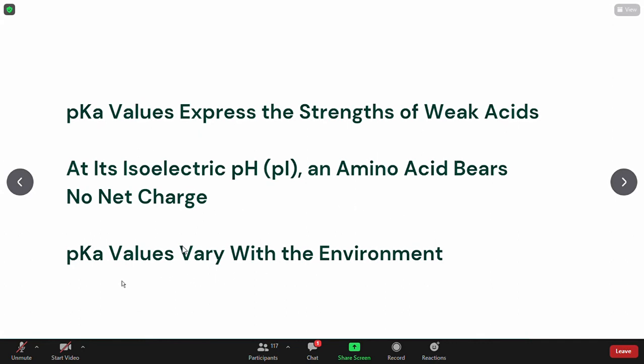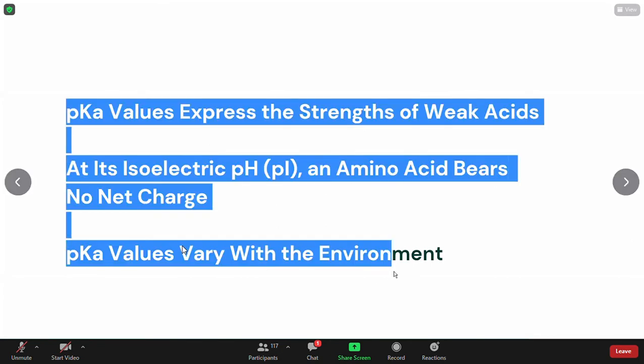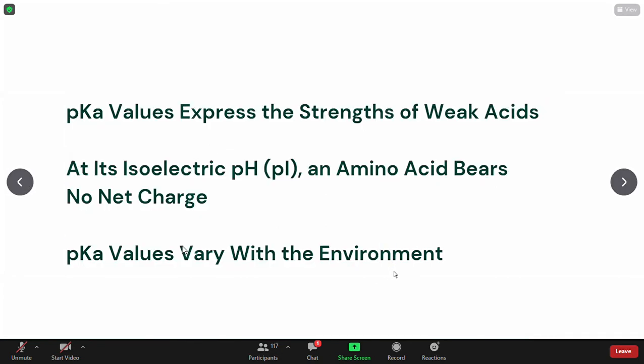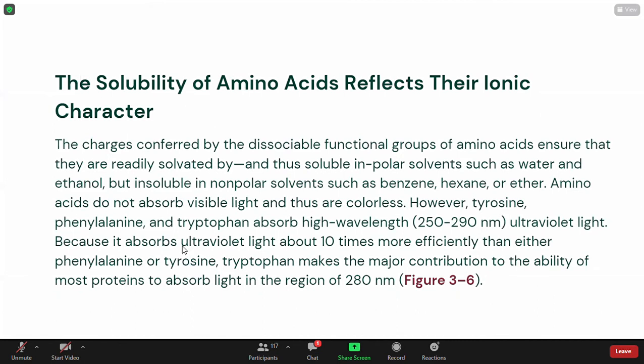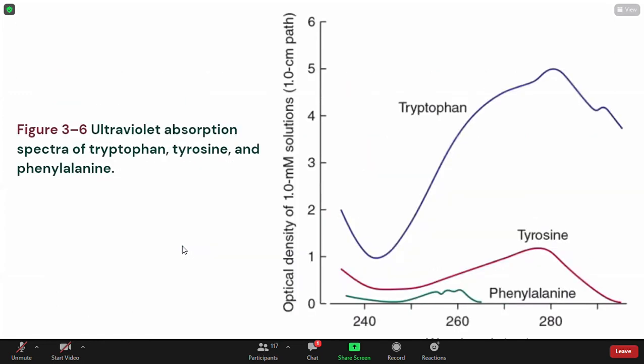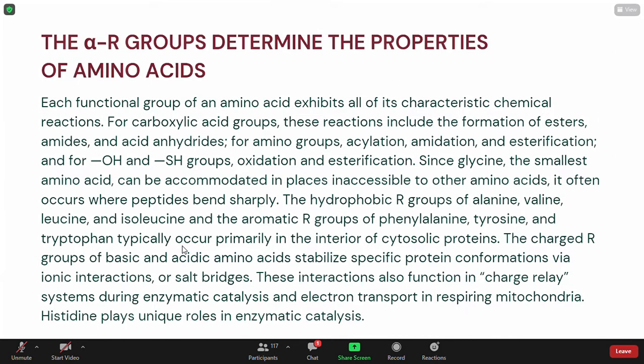The pKa values vary with the environment. The environment here is the pH of the environment. Solubility of amino acids reflects their ionic character.